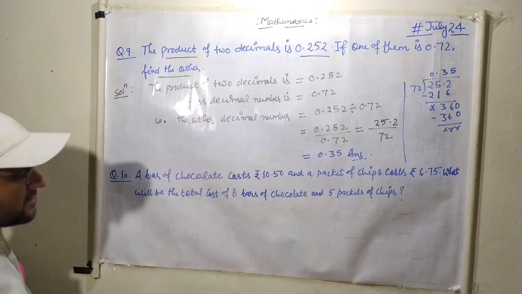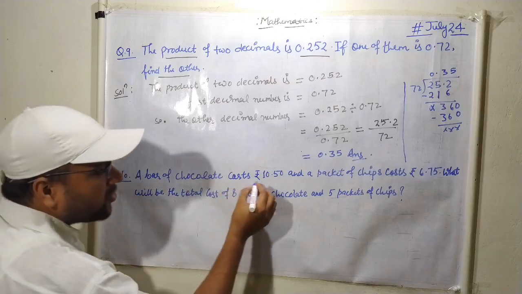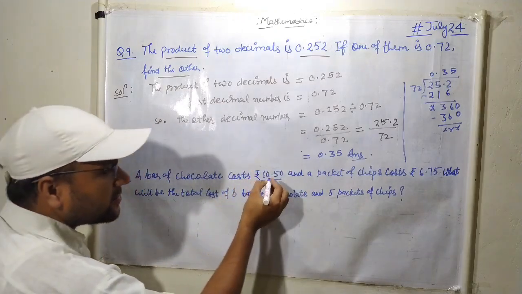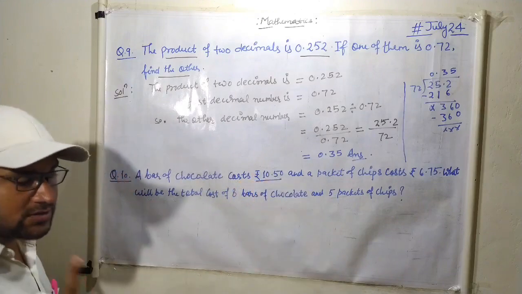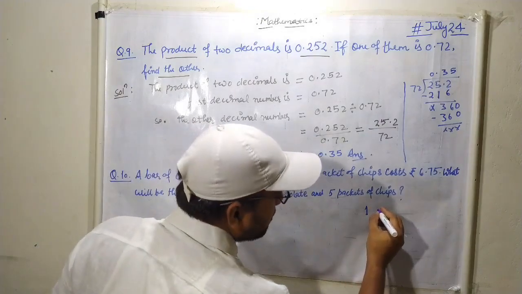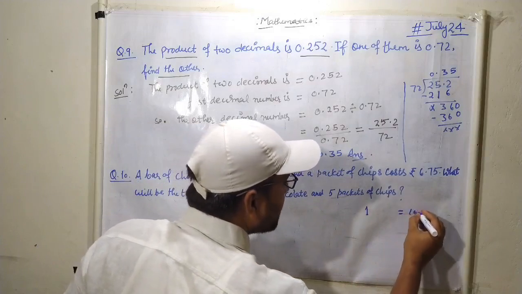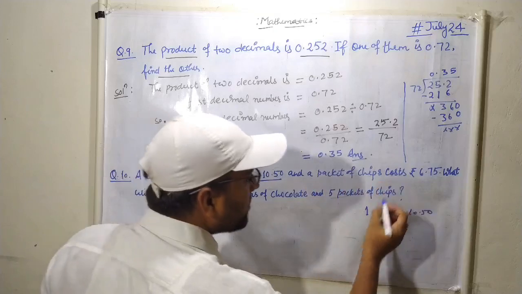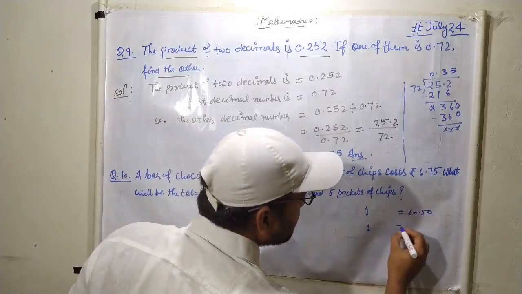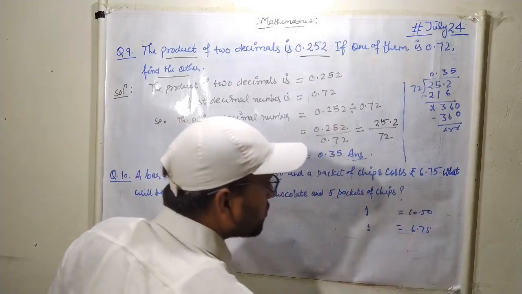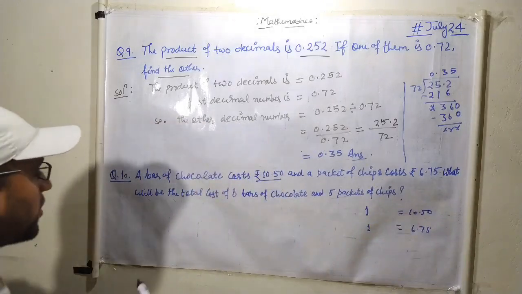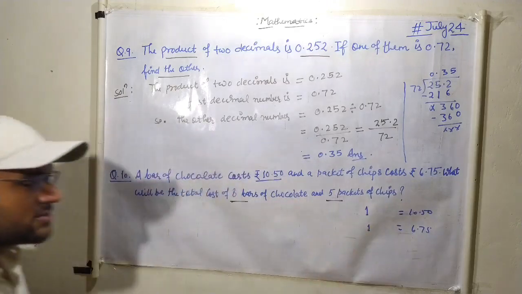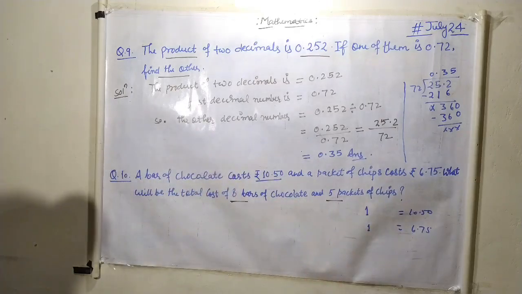I read this again. The cost of one bar of chocolate is 10.50, and one packet of chips costs 6.75. So what is asked in your question? The total cost of 8 bars of chocolate and 5 packets of chips. It is very easy, based on multiplication.